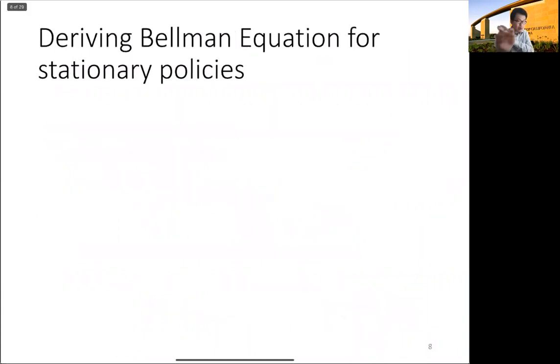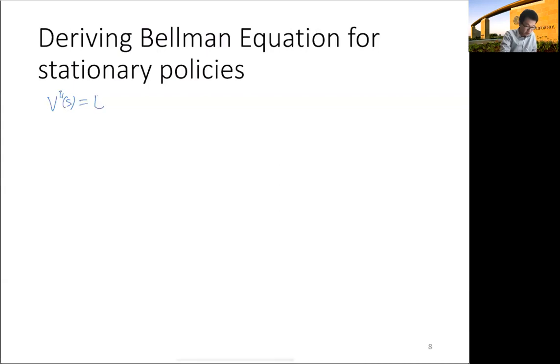Now let me quickly derive the Bellman equation for you, because it reuses the trick that we talked about last time when deriving the occupancy measure. Let's derive the version of the Bellman equations for the V function, and I'll leave it as an exercise for you to do the same, maybe from first principles, for the Q functions.